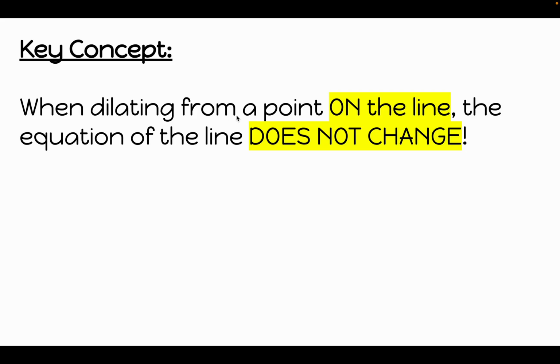When dilating from a point on the line, the equation of the line does not change. So please fill in the highlighted words in your notes. Pause the video if you need more time.